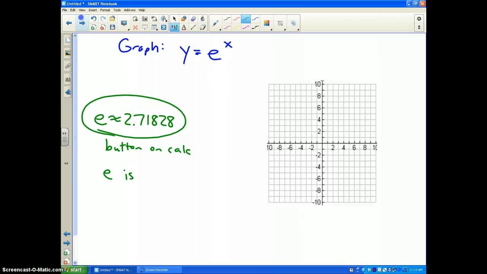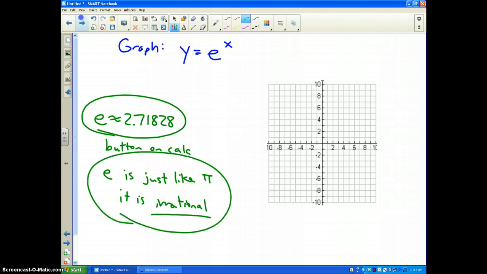E is just like pi. It is irrational and goes on forever without repeating. But it is a very important number when you deal with exponential equations, especially banking.